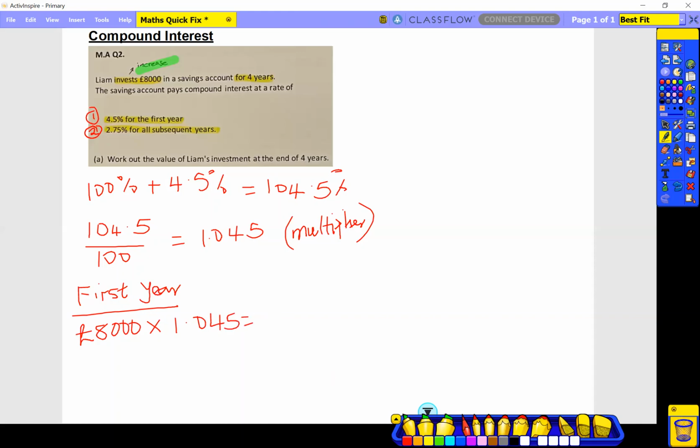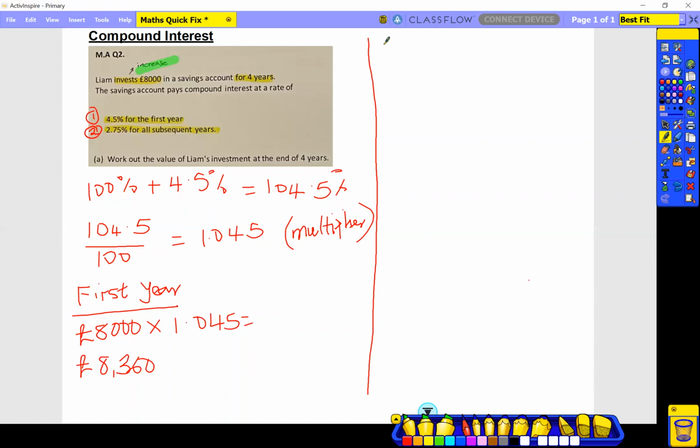It's going to be a calculator question, so we'll get our calculator out, times 1.045, and that should yield £8,360. So that's the first part, which most students get right. Now I will address the misconception in subsequent years.